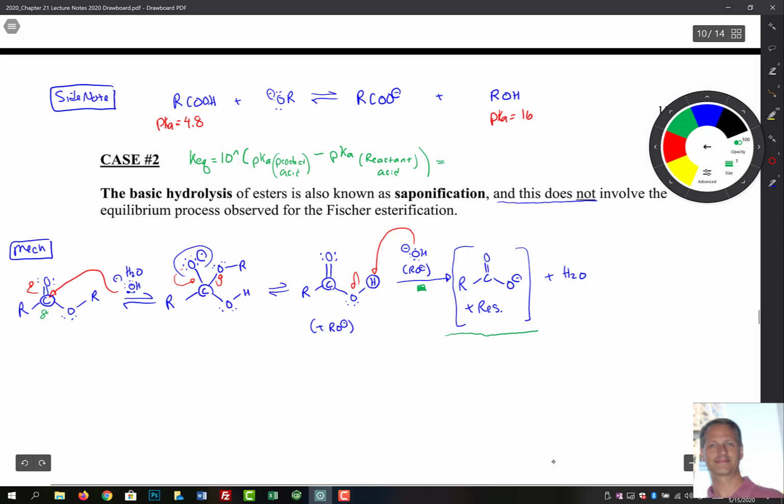So here the pKa will be 4.8 and 16, so then the Keq is 16 minus 4.8. Right, so you get 10 to the 11.2. So that's greater than 1,000. So this reaction, if we're putting in reversible arrows, it's really like this, right? So we're greatly favoring our products here.